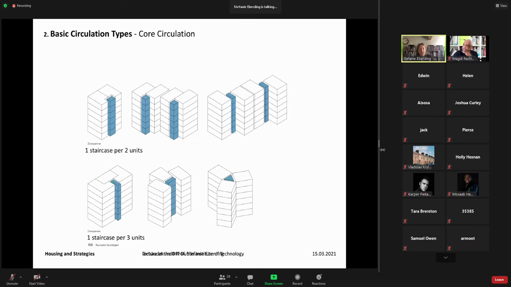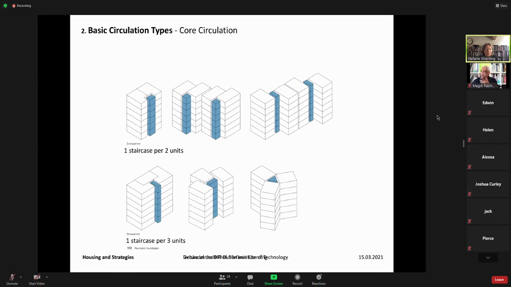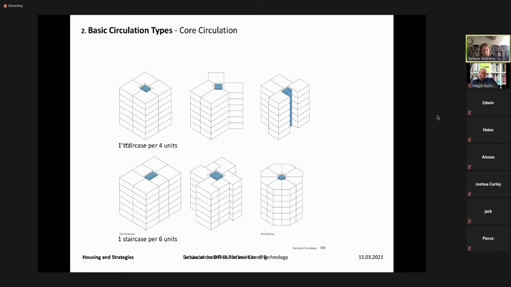strategy. So one circulation type, which is really common, is the one staircase per two units, and you can add them, which is really common in Germany, especially by the Zeilenbau. And then you can add the residential units, for example, one staircase per 3 units.